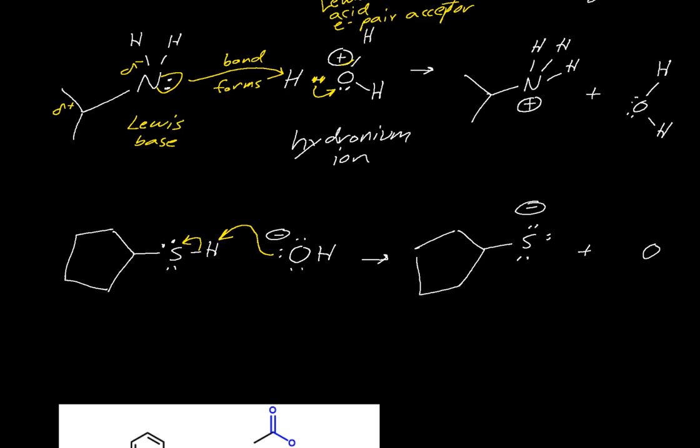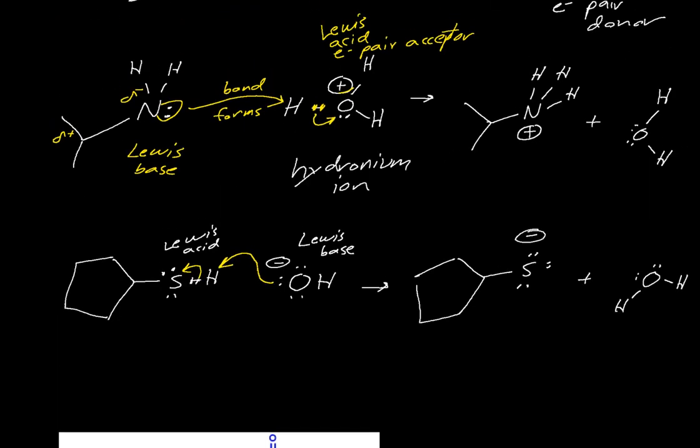The OH picks up another hydrogen, leading to a neutral water molecule. No formal charge here. So this is your Lewis base, electron pair donor. This is your Lewis acid, electron pair acceptor. Again, accepting a pair of electrons from itself still counts.